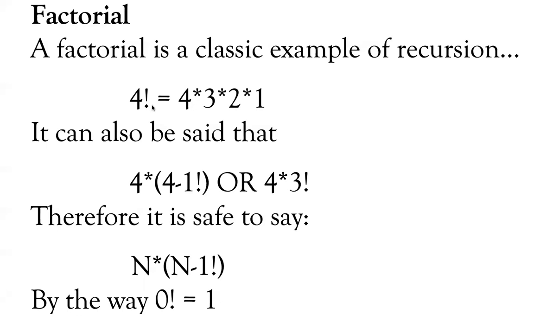So in a way, 4 factorial can be said to be 4 multiplied by 3 factorial. Basically, I'm multiplying 4 with the factorial of 3. And what is the factorial of 3? 3 multiplied by 2 multiplied by 1.